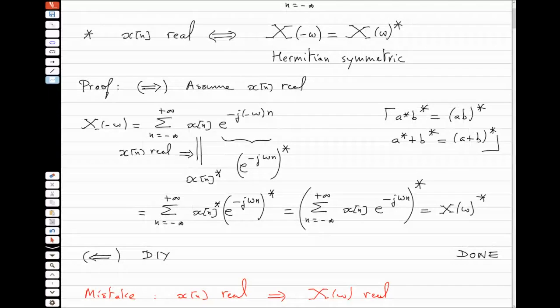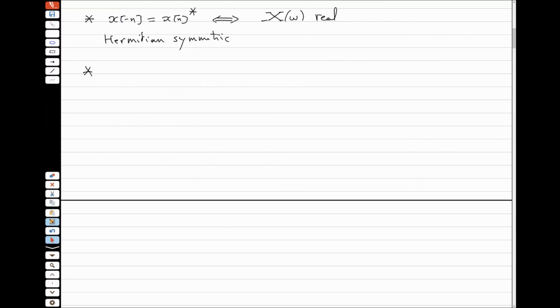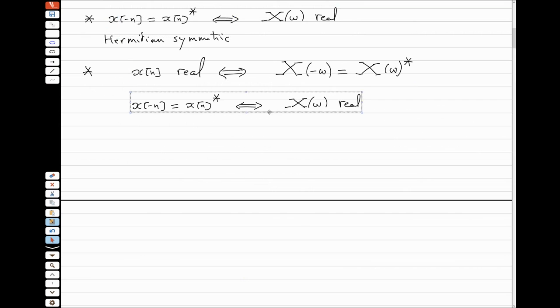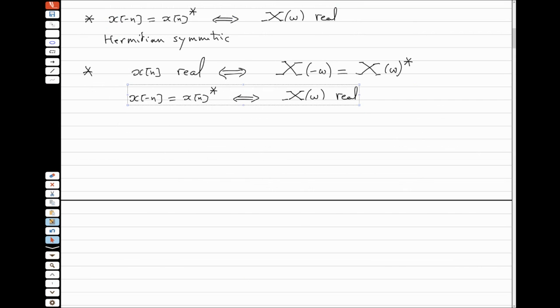Now, the next property is very easy to understand. I'm going to assume, okay, don't write for now. What I'm going to do, I'm going to assume that we have both these two properties in the time domain.